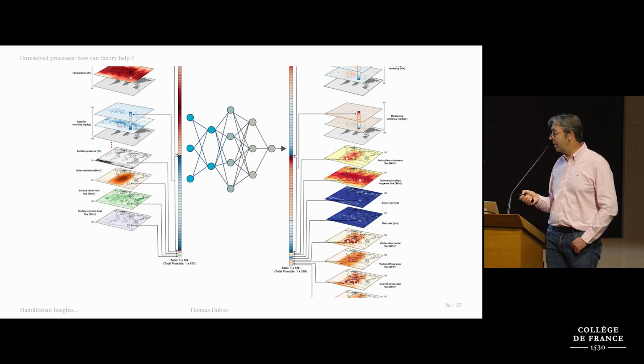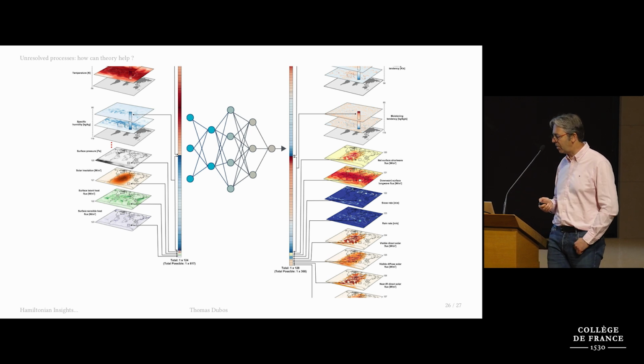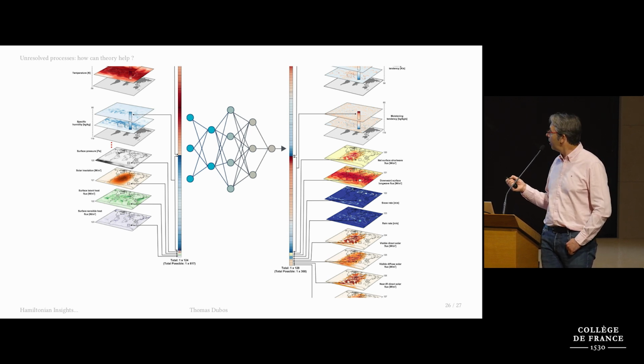For radiative transfer, you don't need to provide wind. We know that it's useless. And for different processes, we have a priori knowledge of what is useful in terms of inputs, and also what's good in terms of outputs.